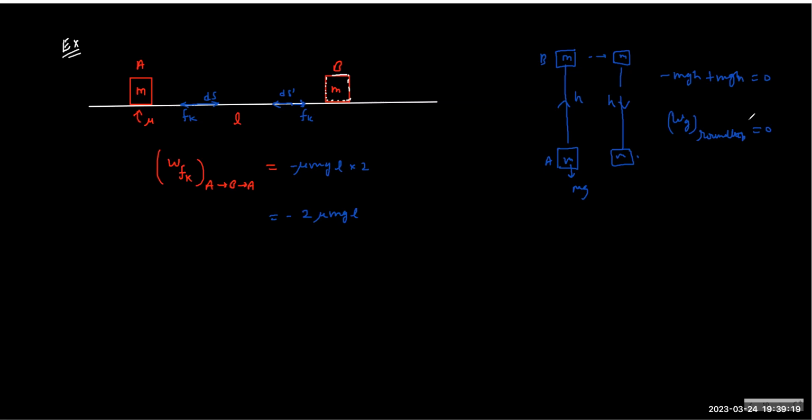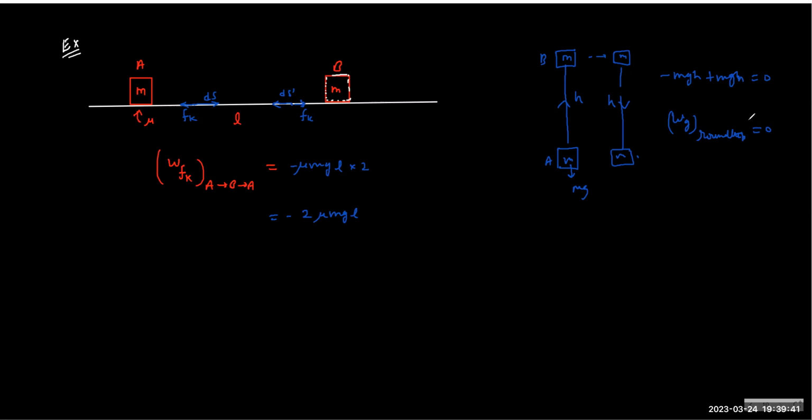So you will come across a variety of forces. In fact, in this chapter just two, but in the entire physics, you'll come across three or four forces whose work in a round trip journey is zero. And not just zero, it is also path independent.